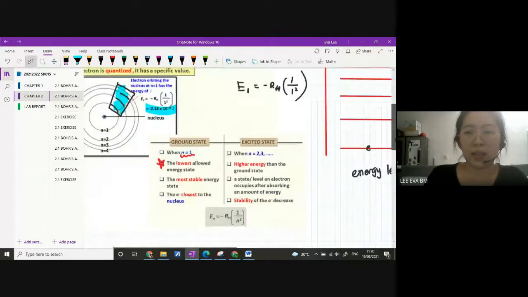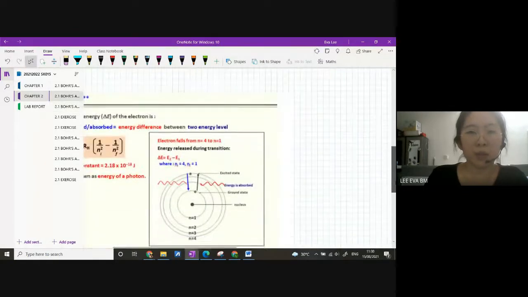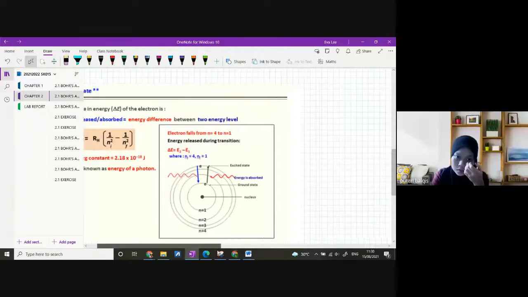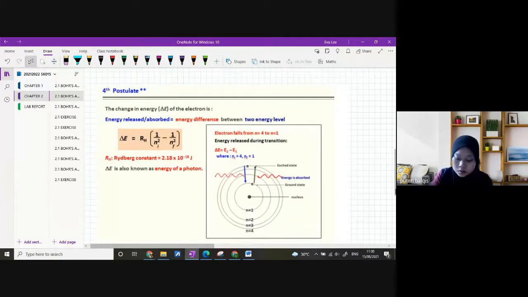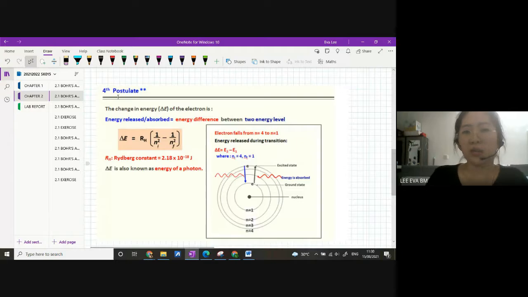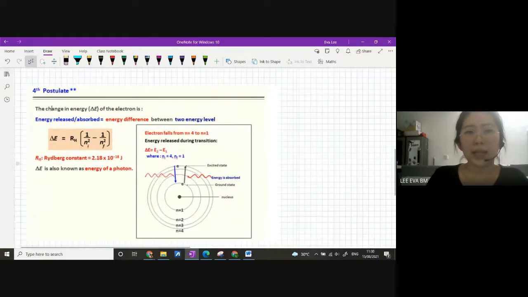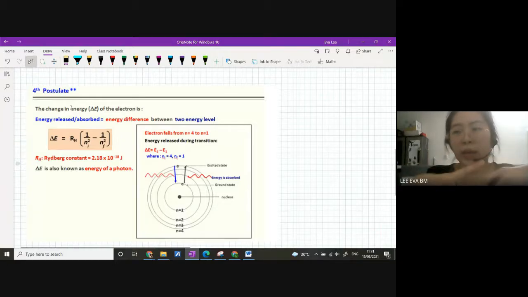Okay. And then let's look at the fourth postulate. In our fourth postulate, it says that when the electron makes a transition, the energy will either be emitted or absorbed.